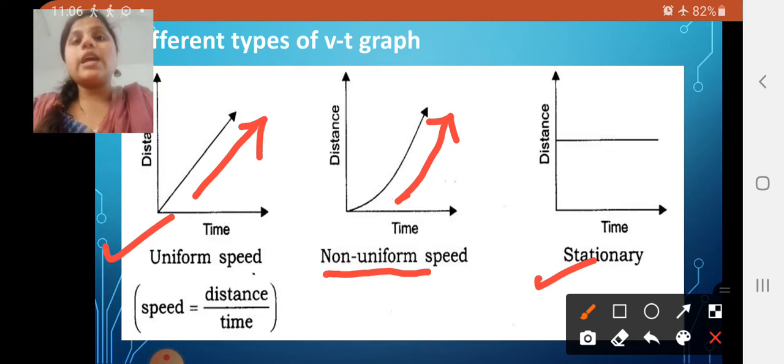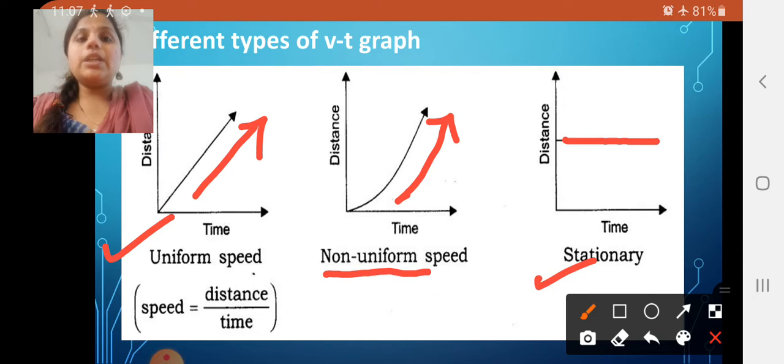The distance stays the same because the object is at rest. So when the time increases, the distance remains constant.